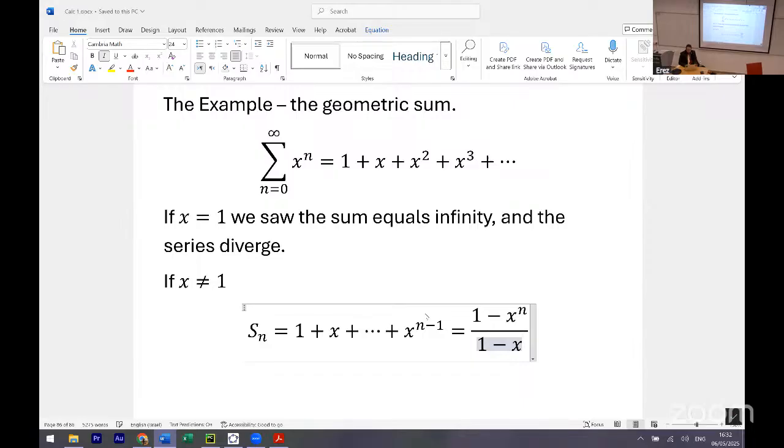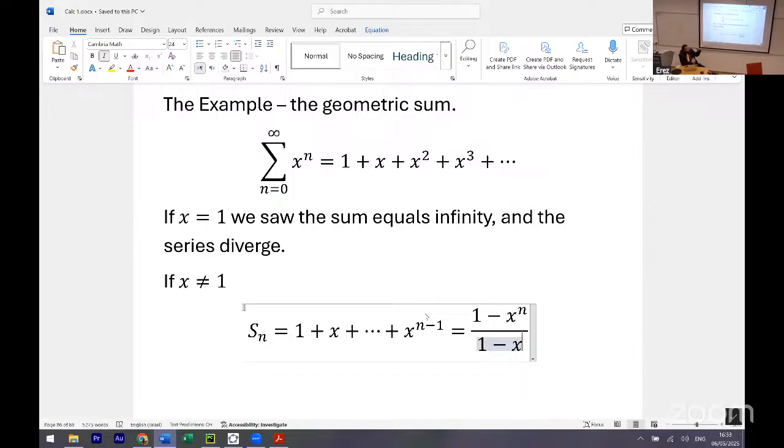There's a different calculation for x being bigger than 1 and x being smaller than 1, as we'll see in a minute, but this formula is true for every x other than 1. 1 is excluded for obvious reason, but otherwise this is true.